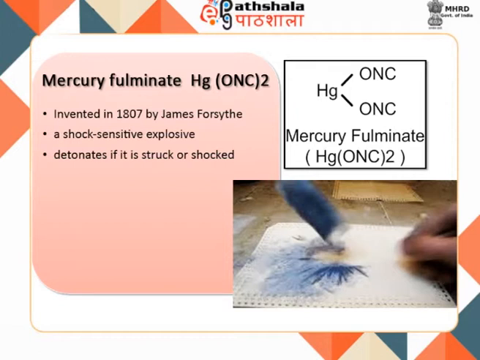The composition of mercury fulminate primer by weight is as follows. Mercury fulminate 8 parts, potassium chlorate 14 parts, antimony sulfide 18 parts, sulfur or glass 1 part, gunpowder 1 part.